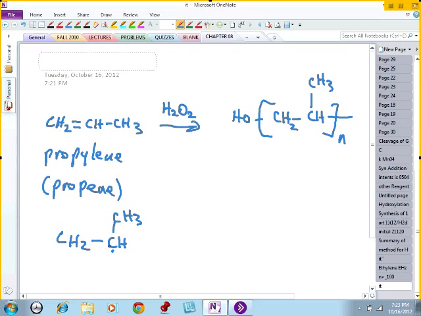In other words, the tertiary free radical is more stable than the secondary free radical, than the primary free radical, than the methyl free radical. So in this case, the initial free radical that will be formed will be this, and then this will continue to react with this to initially form this.